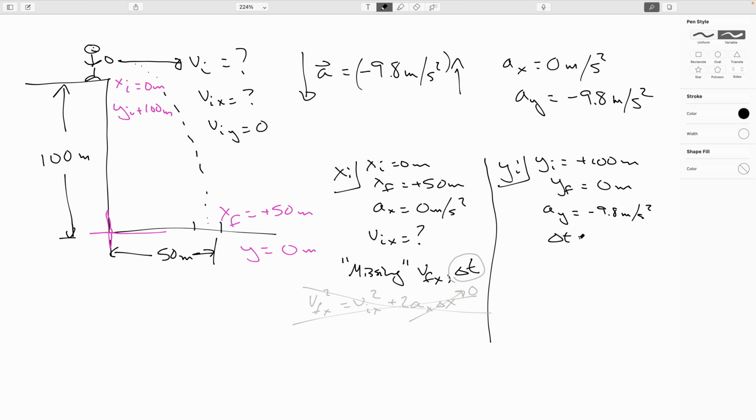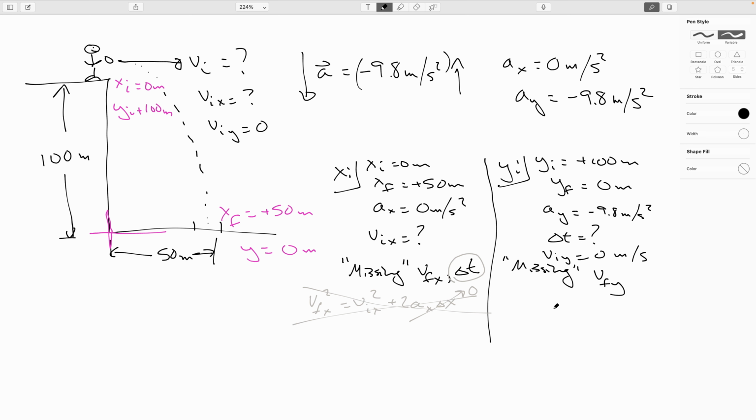And we want to know what delta t is with the idea of sending that information over to the land of x. Well, that works out okay then, because what we're missing, and we also know that v initial y is equal to 0, is purely v final y.